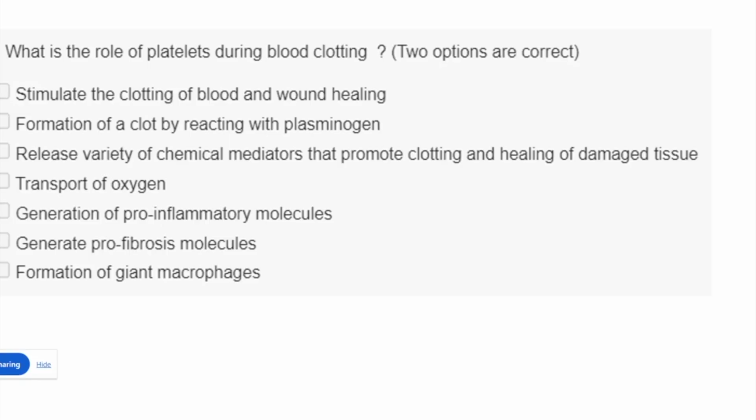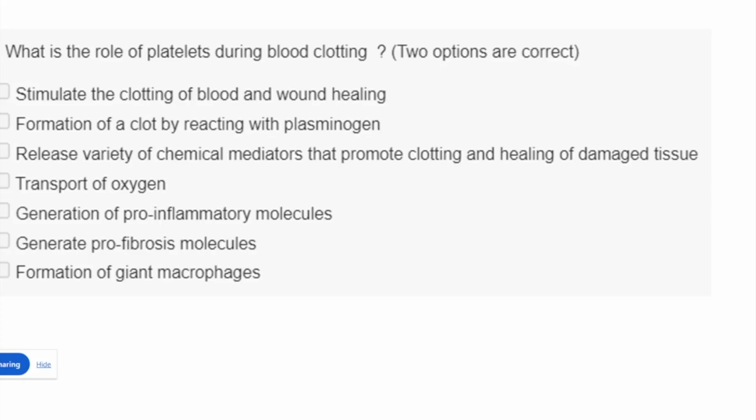Okay, here is the next question. What is the role of platelets during blood clotting? Option 1 and option 3. One and three.